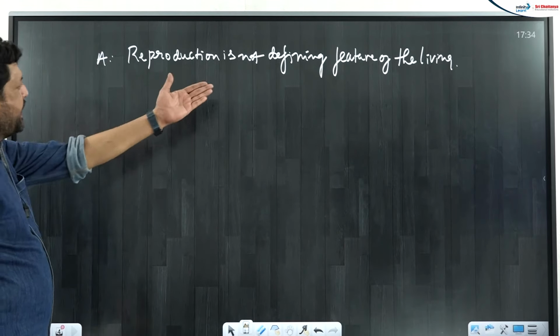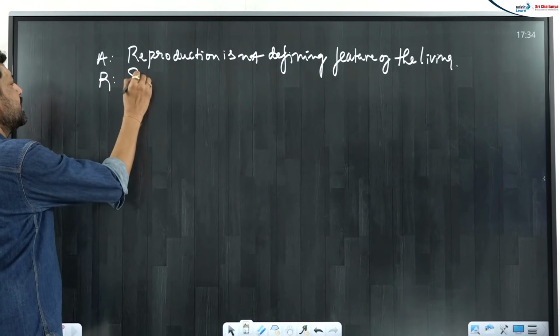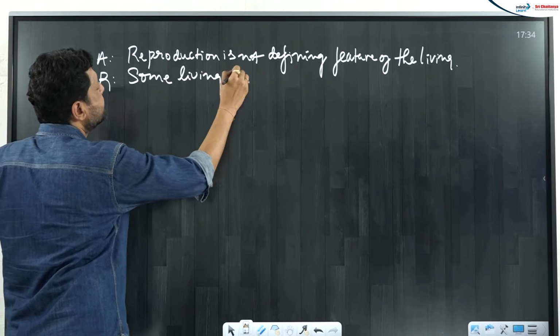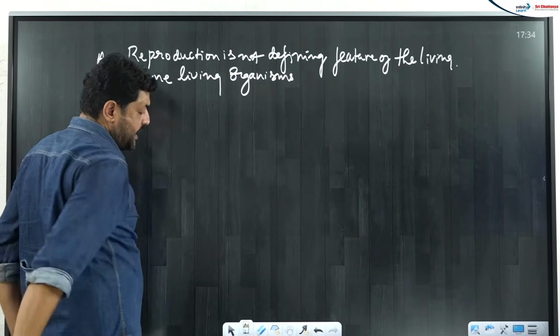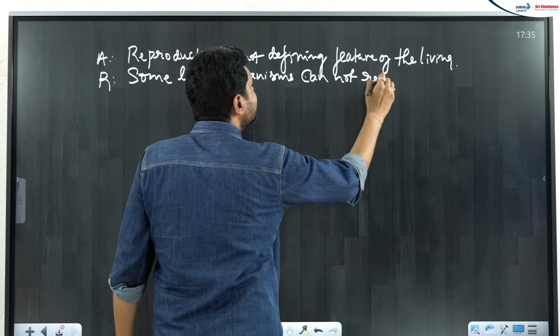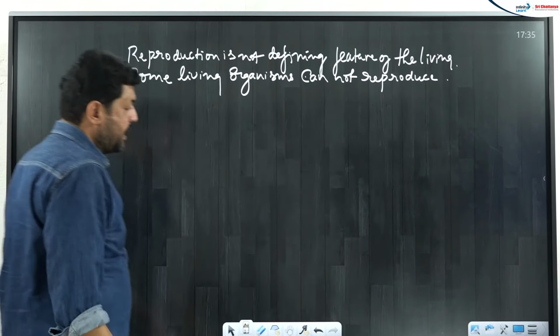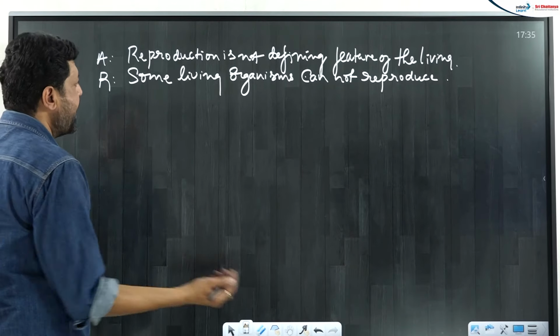Reproduction is not a defining feature of the living organisms, because some living organisms cannot reproduce. Okay, they are formed, they are born, but they cannot reproduce.